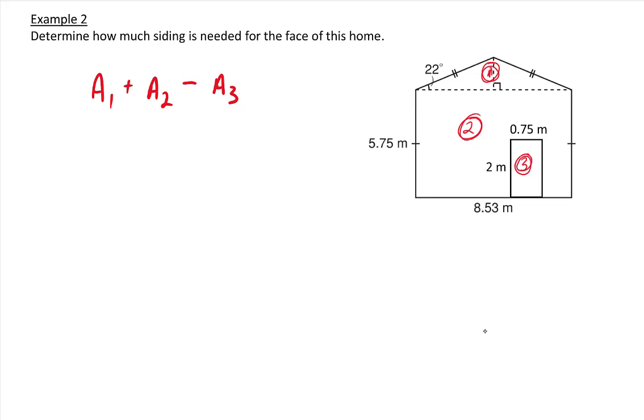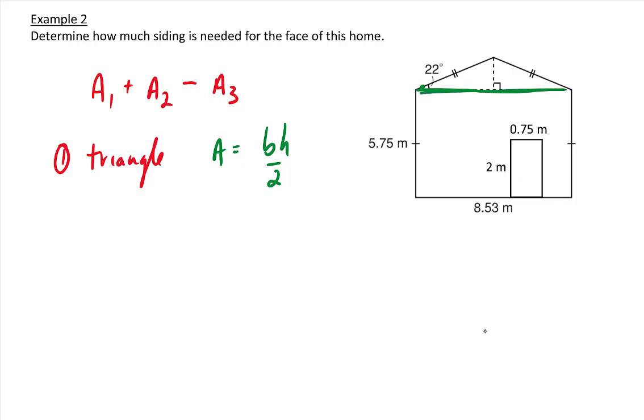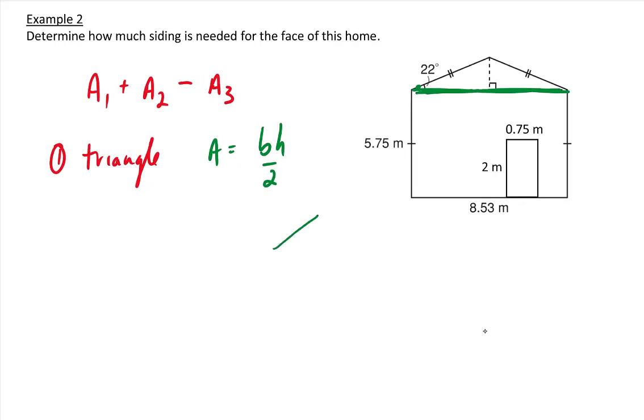So first of all, let's start with the triangle. Remember, the area of a triangle is base times height divided by 2. So we already have the base of this triangle. It's right here. The base of this triangle is 8.53. So let's just redraw it. It is 8.53 units. All we need now is the height of this triangle, which we do not know.